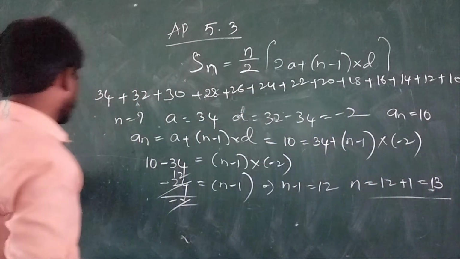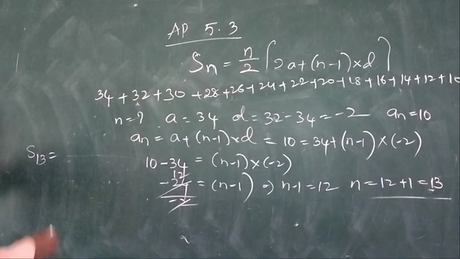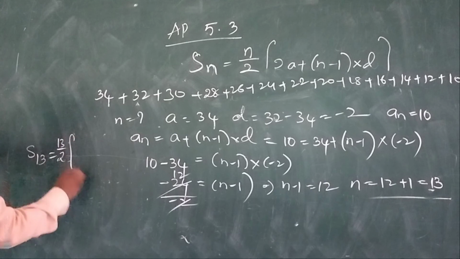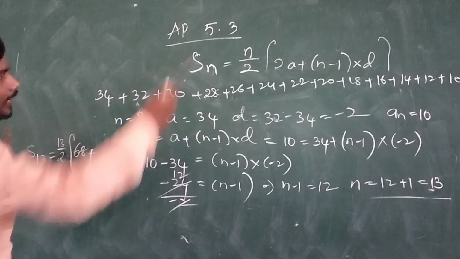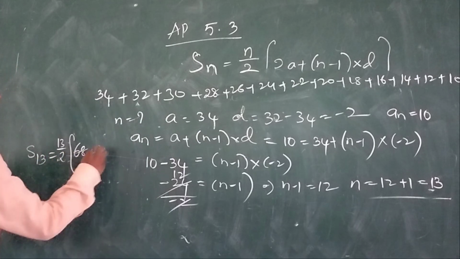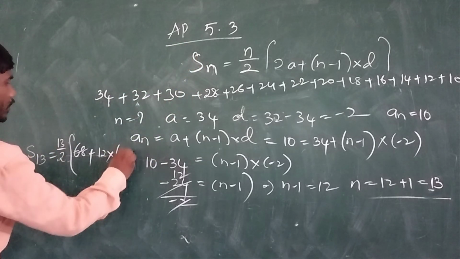So S13 is equal to 13 by 2 into 2a, that is 2 into 34, 68, plus n minus 1, that is 13 minus 1, 12, into d value minus 2.